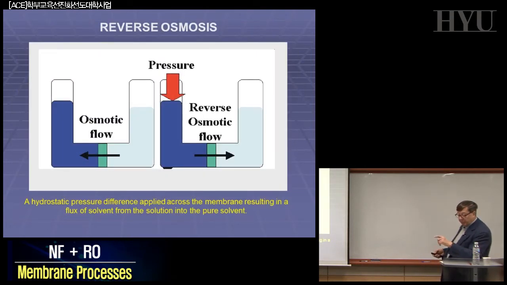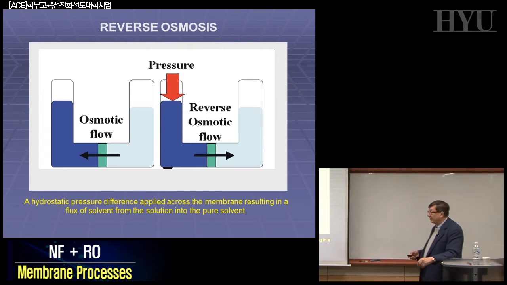Now, the most important of the pressure-driven processes we have been discussing is reverse osmosis. Reverse osmosis is the most important because it is a process already applied on a large scale, in huge plants.